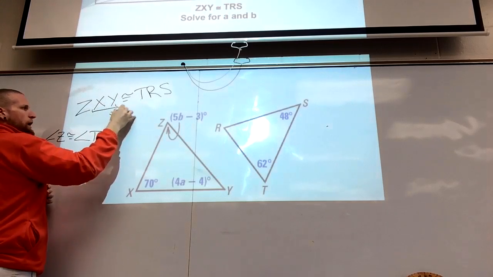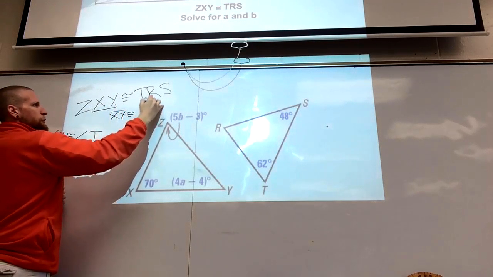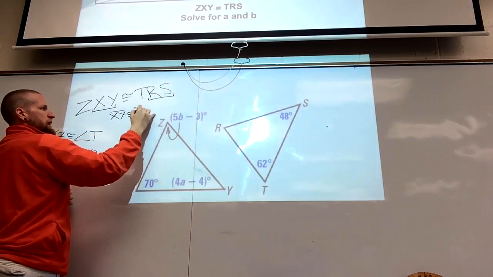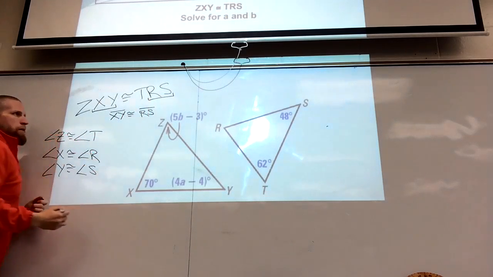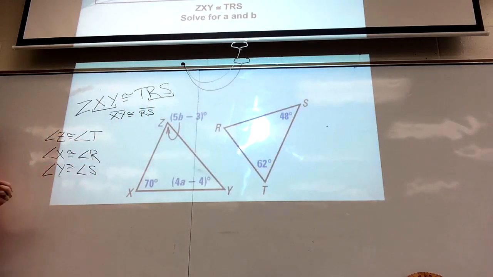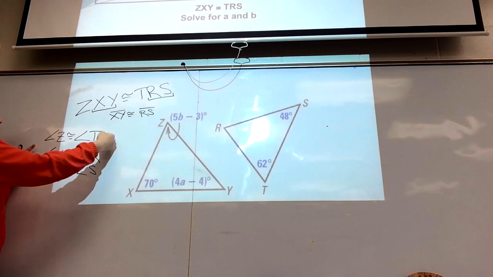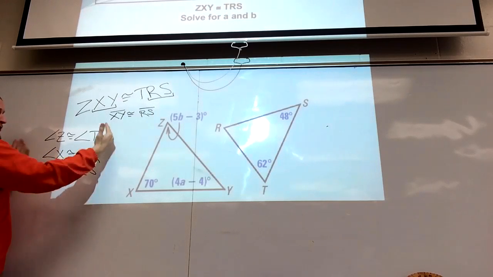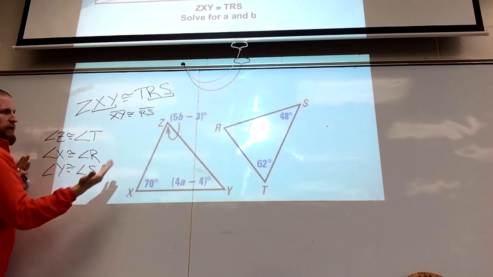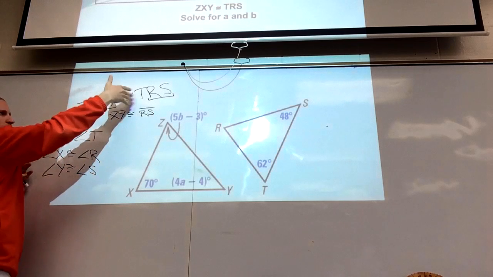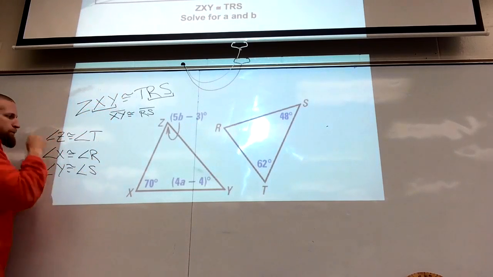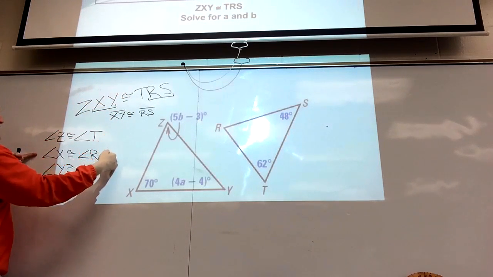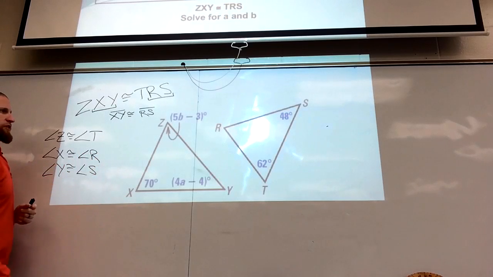I know that XY has to be congruent to whatever segment makes up the last two letters there. It's kind of just a matching game. I'm only looking at angles for this problem. If I had segments, I would go into all the pairs there. But I can use these three statements to solve this out.